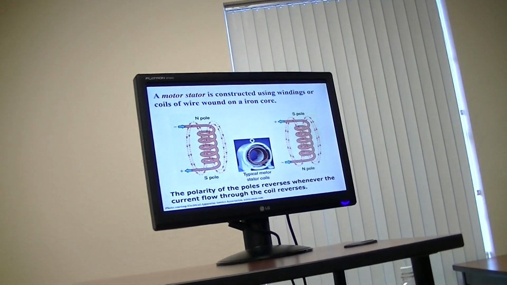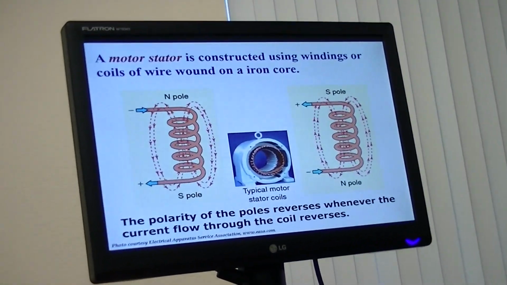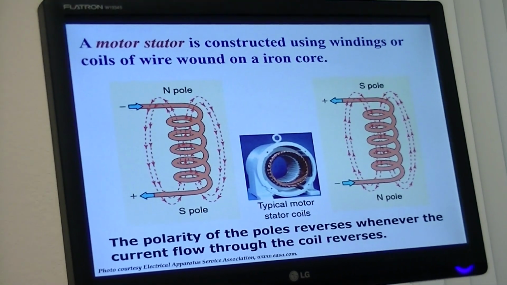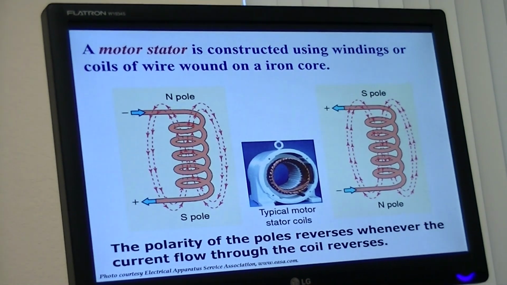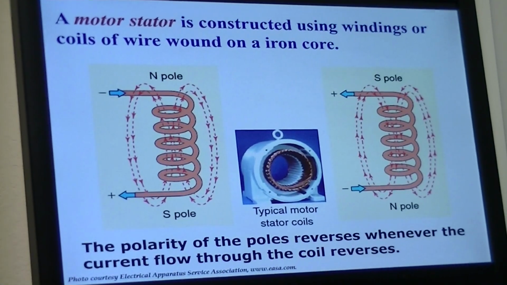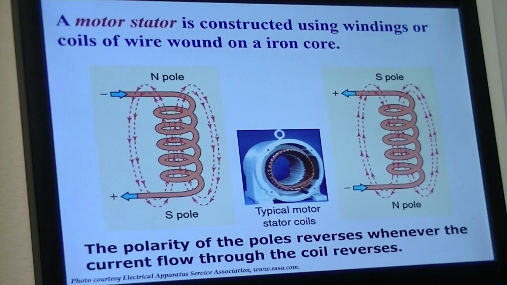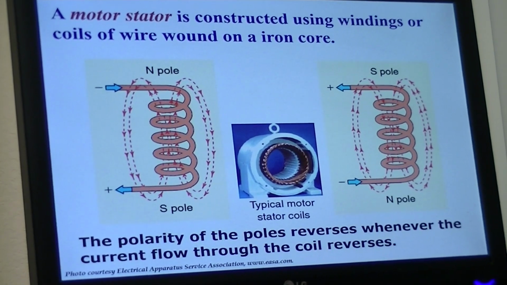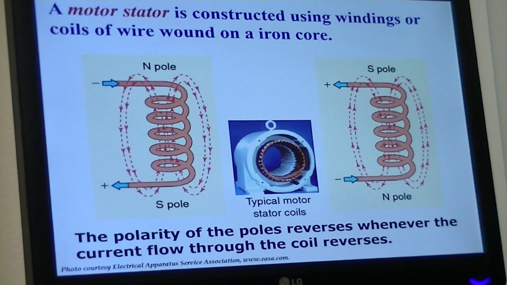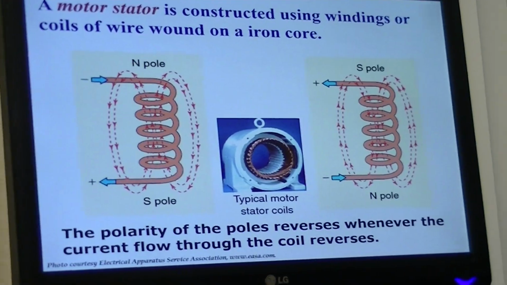So a motor stator is constructed using windings or coils of wound wire on an iron core. So when you think about the stator, okay, and again, we've talked about it in the past, most of the time the power is going into the stator.